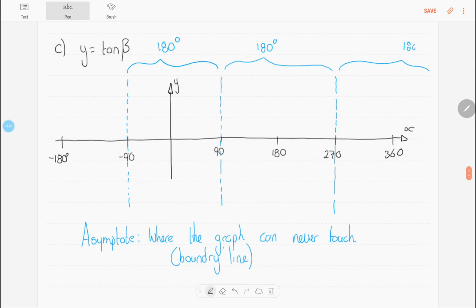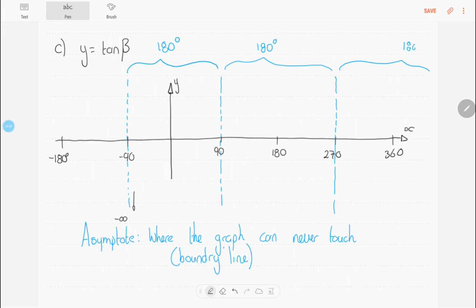Okay, so let's draw in our tan graph. Like I said, it looks very different. You're a math nerd when a tan graph gets you excited. Anyway, what we do is we start here at negative infinity. Our graph's going to keep going all the way down to negative infinity.